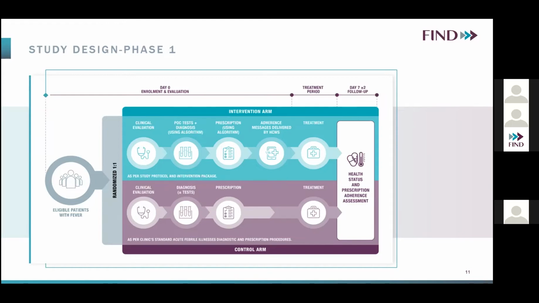And for phase 1 of the study, these tests excluded any COVID-19 tests. And starting with September this year, we started including COVID-19 antigen RDTs as part of the package of tests.